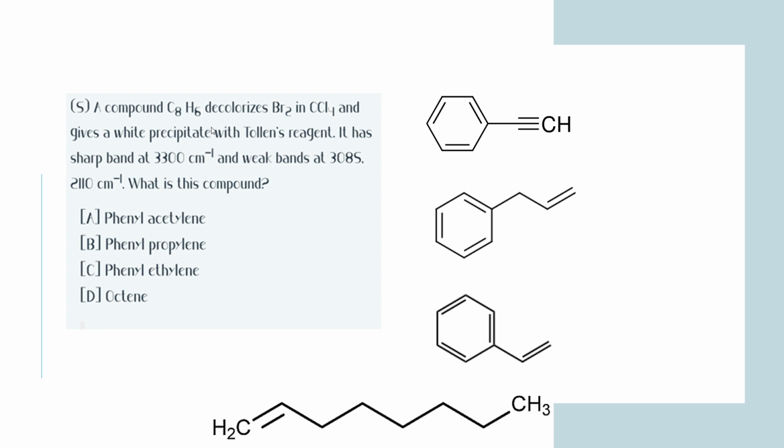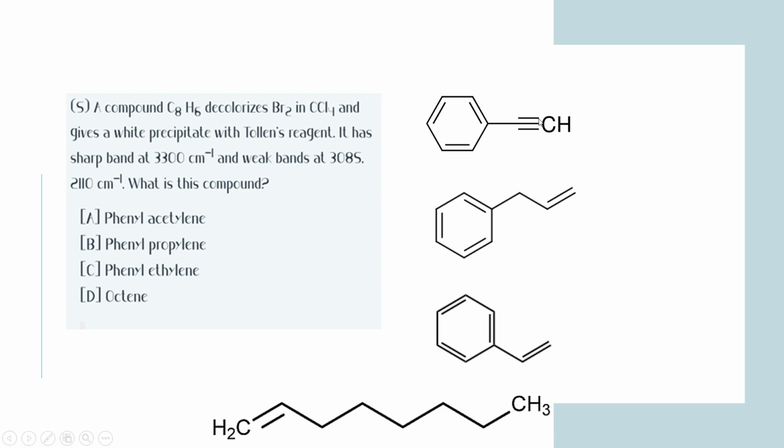Then what kind of frequencies are we given here? We have a 3085 value and a 3300 value. So if we talk about CH stretching frequency for two types of CH bonds, one is attached to an alkene, like the CH attached to this position, and the other is CH attached to an alkyne.